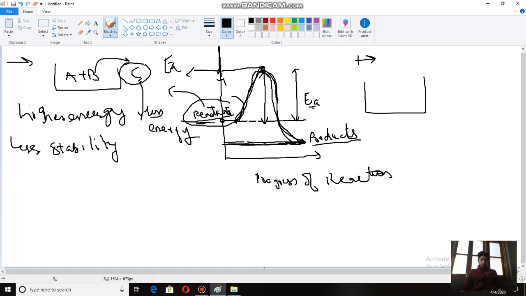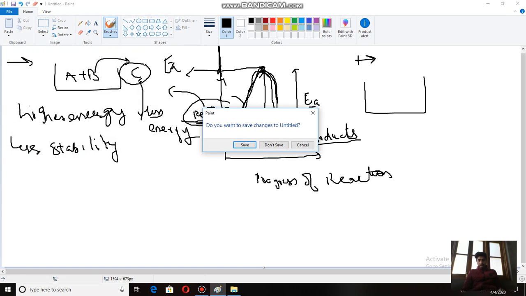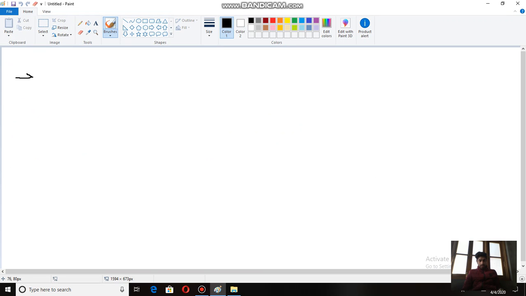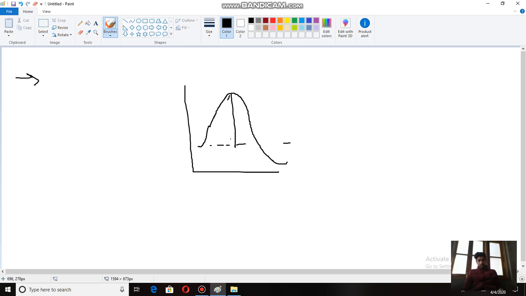Now what is the role of this catalyst? Actually, when the catalyst is added to the reaction, it decreases this energy barrier. For example, before the catalyst, the reactants should possess this much amount of energy. This much amount of energy is actually the energy barrier.